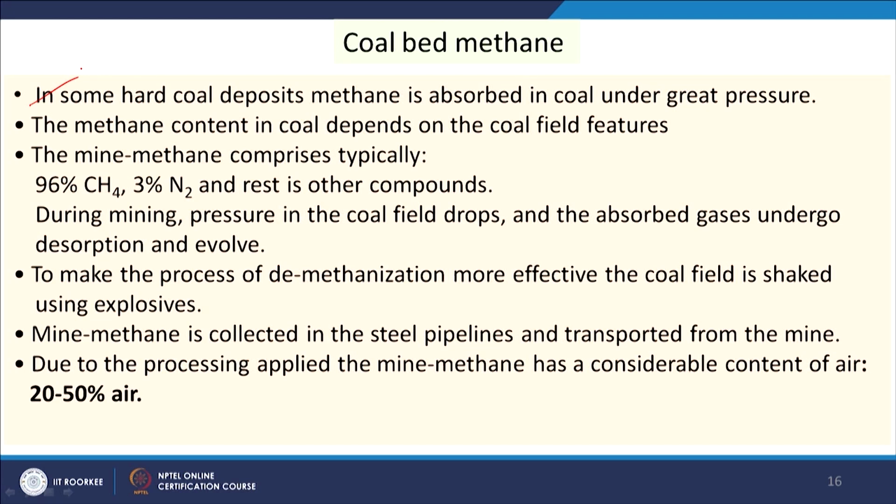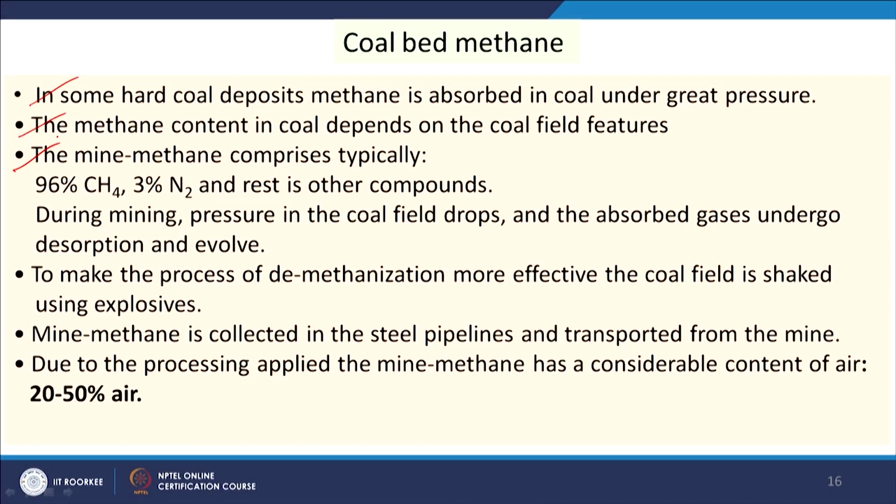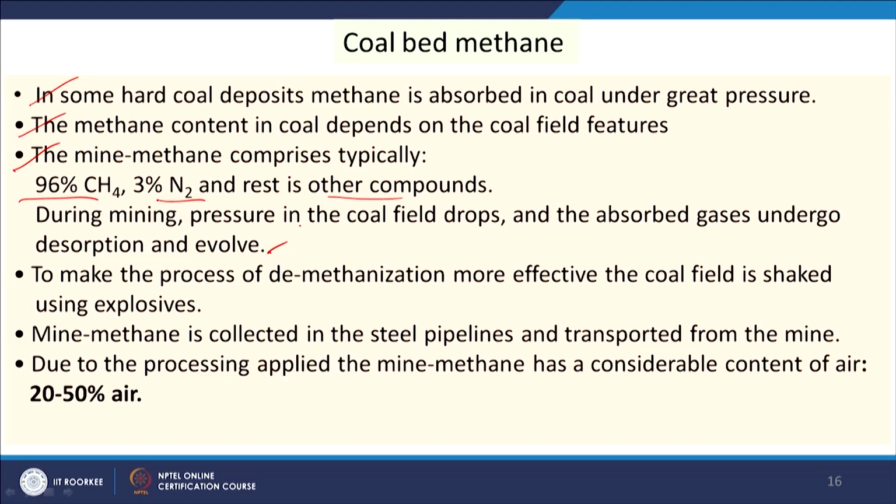The methane content in coal depends on the coal field's features, and the composition of coal bed methane is basically 96% methane and 3% nitrogen, and the rest is other compounds. During the mining process, pressure reduction takes place, and once the pressure is reduced, the adsorbed gas comes out or dissolves. We can get the coal bed methane that way.